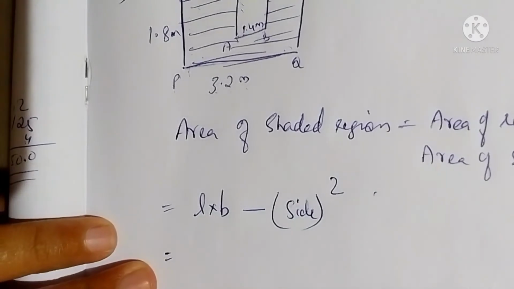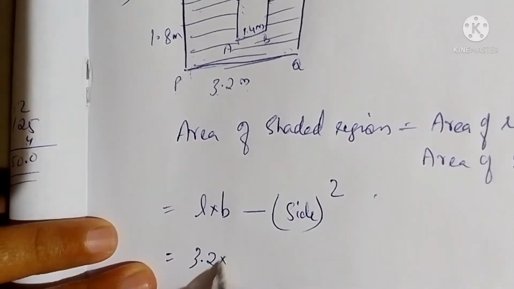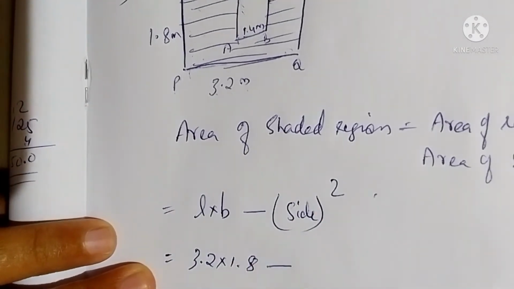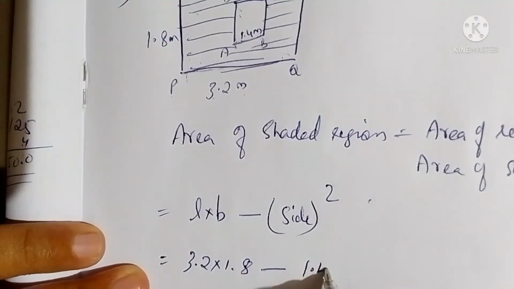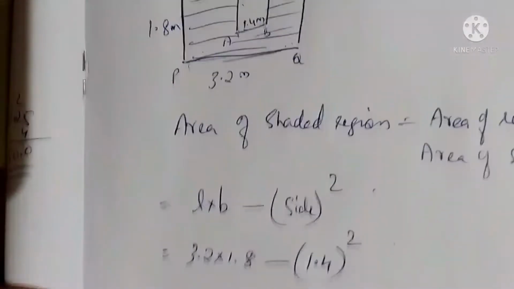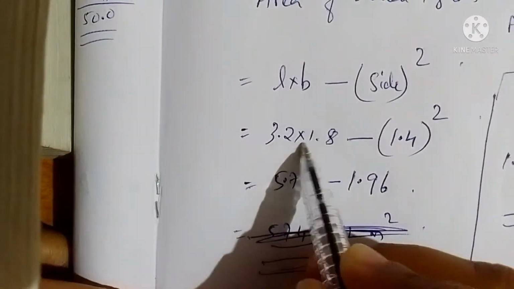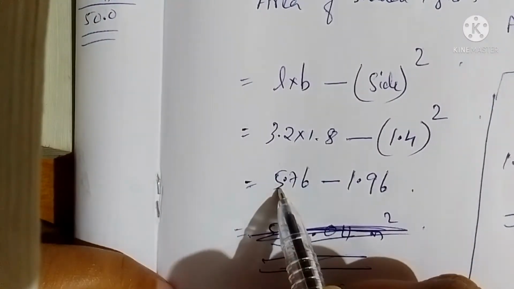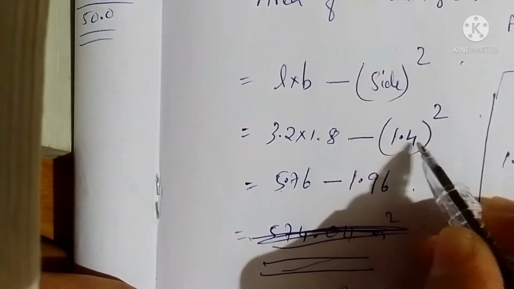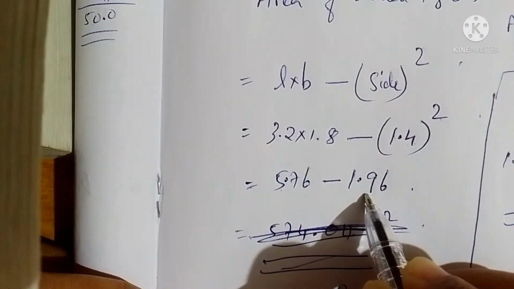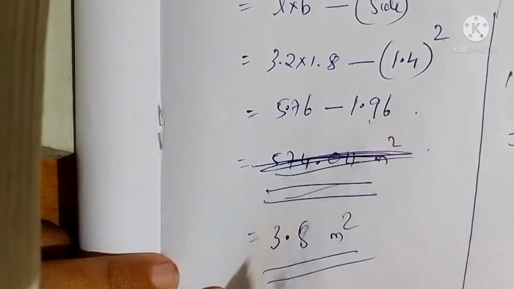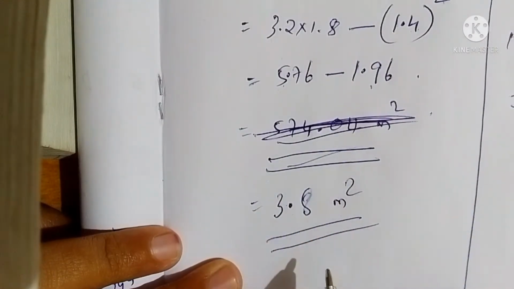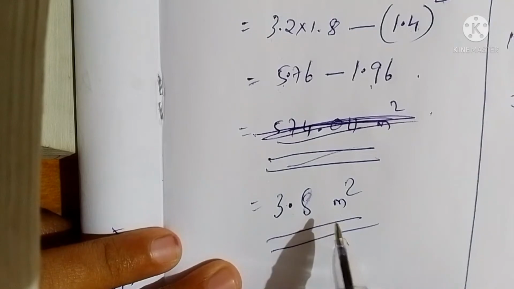Now L into B, 3.2 into 1.8, minus side square, side of the square is 1.4, so 1.4 whole square. 3.2 into 1.8 is 5.76 and 1.4 whole square is 1.96. Now 5.76 minus 1.96 you will get 3.8 meter square. This is the area of the shaded portion.